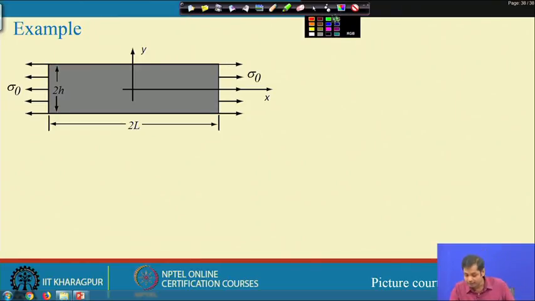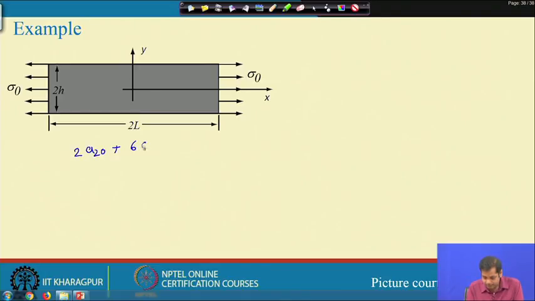If we do that, then what we get is 2a02 plus 6a03 y plus 2a12 x, with y equal to C, and that is equal to sigma 0.